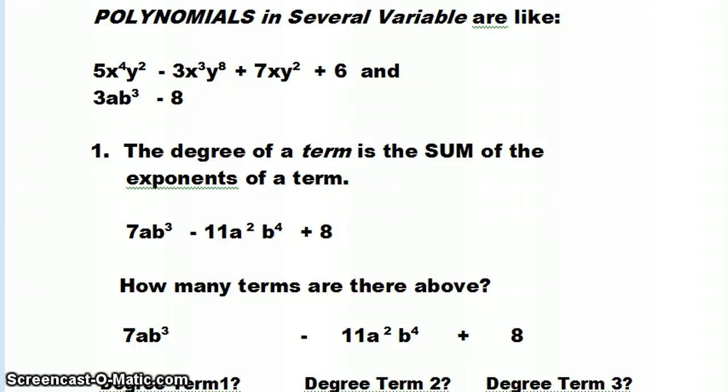We were previously talking about polynomials in one variable. Polynomials can also have multiple variables. So you can see an example of two polynomials in two variables listed here.